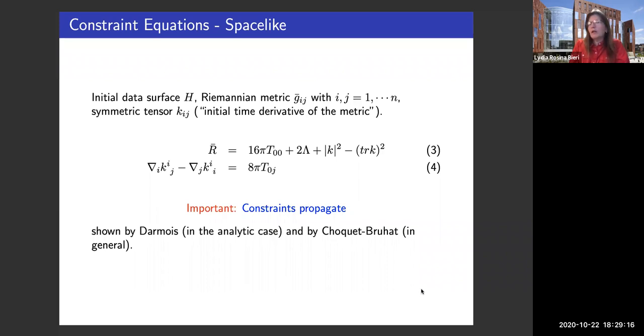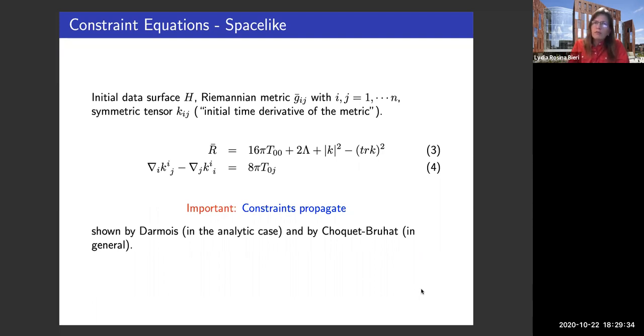I'll show you in a moment that this can be derived. So we do have a second order hyperbolic partial differential equation, a PDE. And the Einstein equations decouple into a set of equations for the initial data and evolution equations.